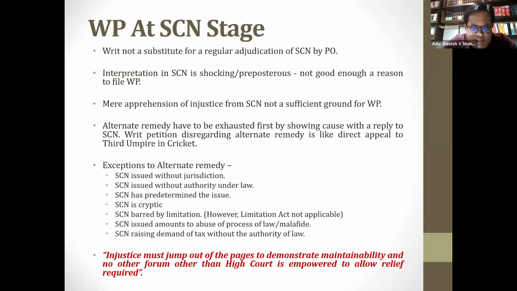A cryptic SCN is one that doesn't have clear expectations from the taxpayer. The tax officer himself is not clear what the charges or allegations are, or under which section he is making those allegations or charges.